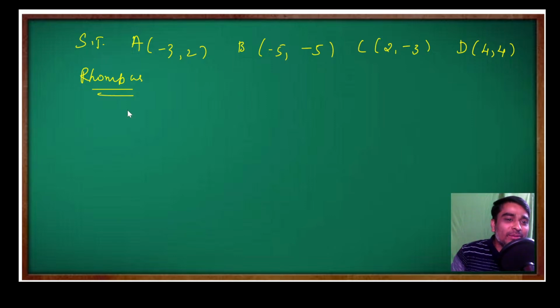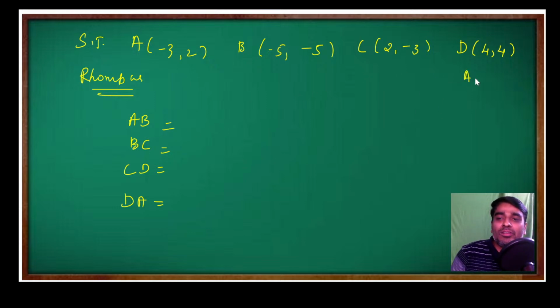Keep one below the other immediately: AB, BC, CD, DA. Do this. If you get all the answers the same, it is a rhombus, because a rhombus has all 4 sides equal.